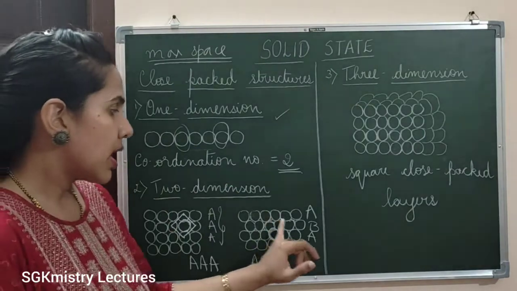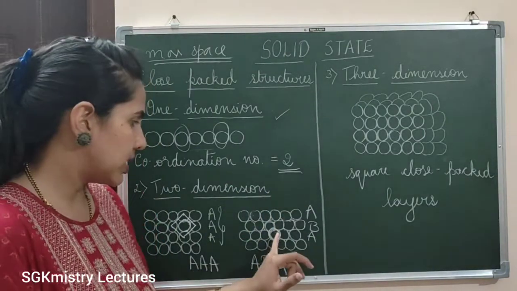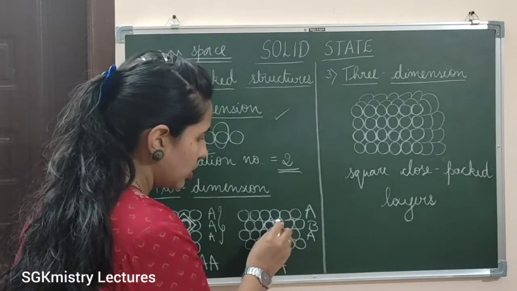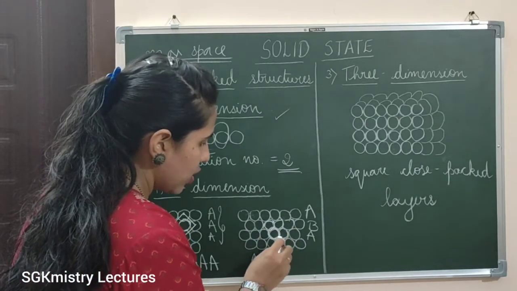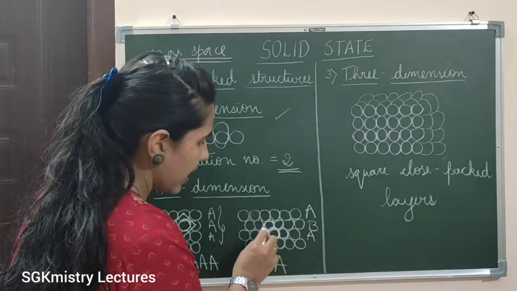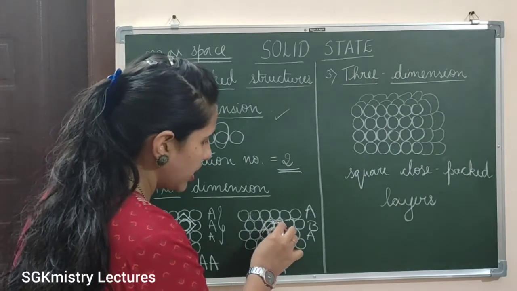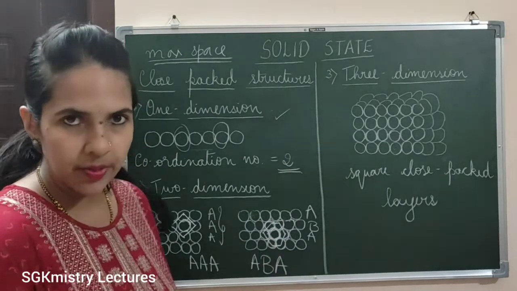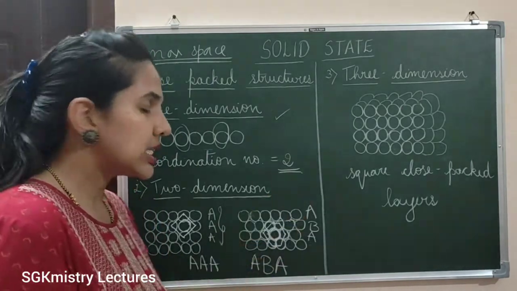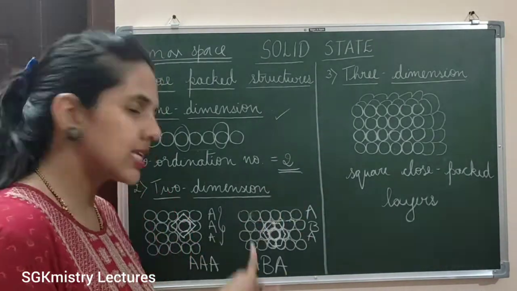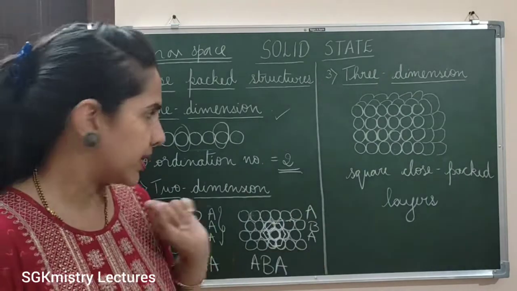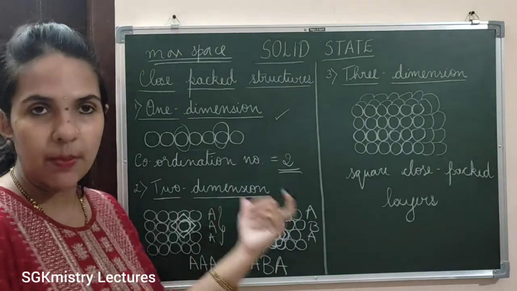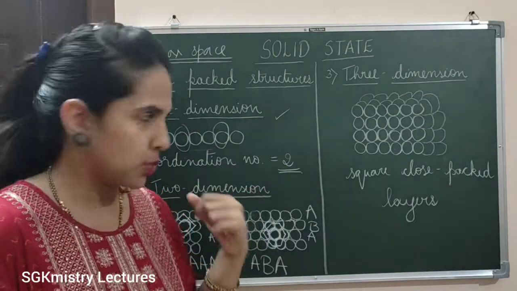So here the number of neighboring particles for this particle is, see, this is 1, 2, 3, 4, 5 and 6. If I join all these particles, we get a hexagon. So that's why this arrangement is called hexagonal close-packed arrangement. So these are the two types of arrangements that come under two-dimensional arrangements.